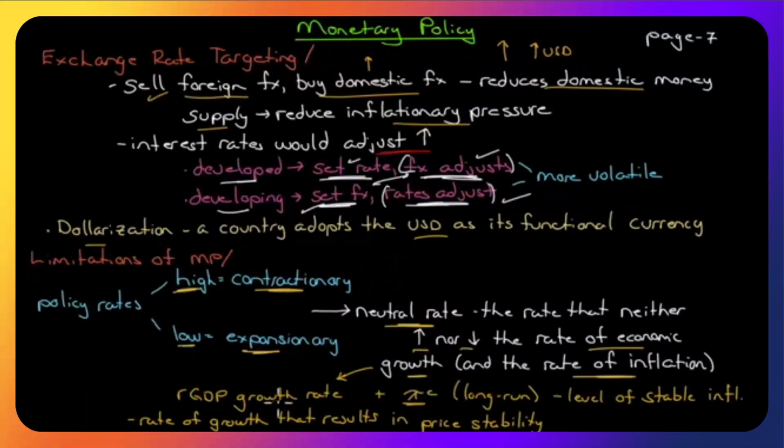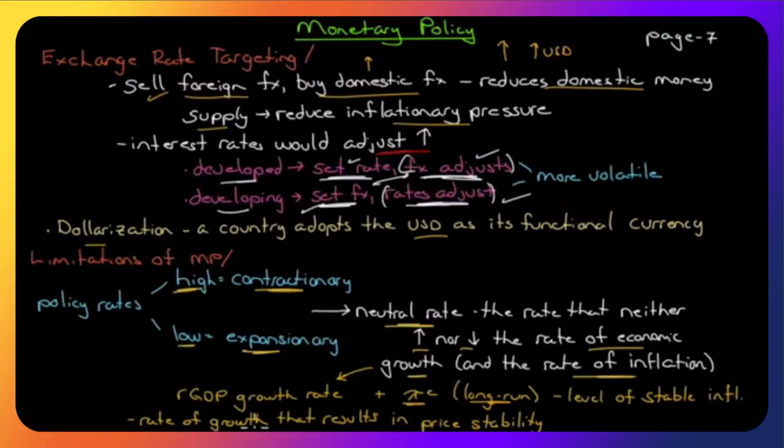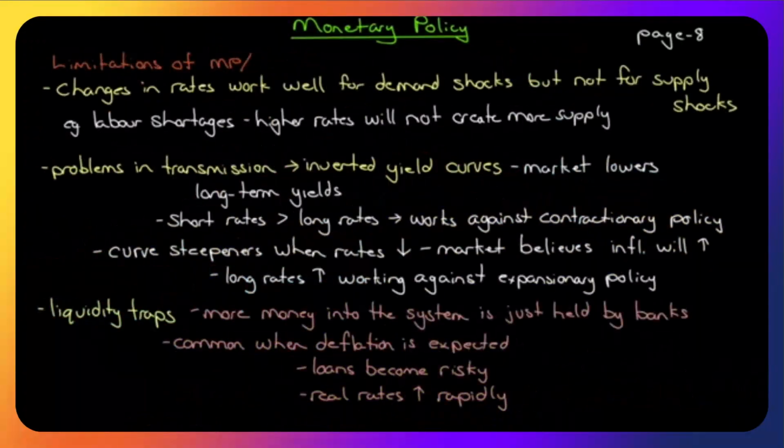Inflation expectations, so real GDP growth plus inflation expectations in the long run. It targets a real GDP growth rate that results in price stability, meaning stable inflation in the long run. Okay, more limitations here. Changes in rates work well for demand shocks, but not for supply shocks.